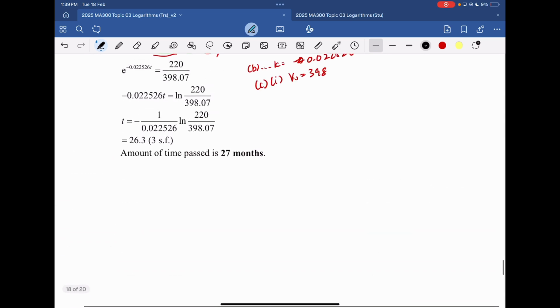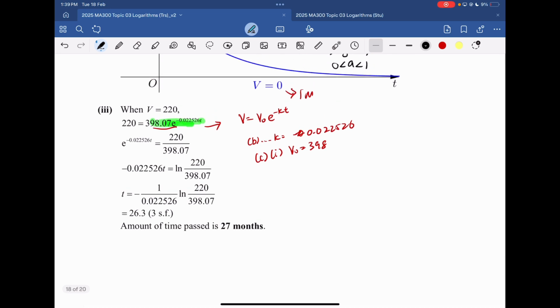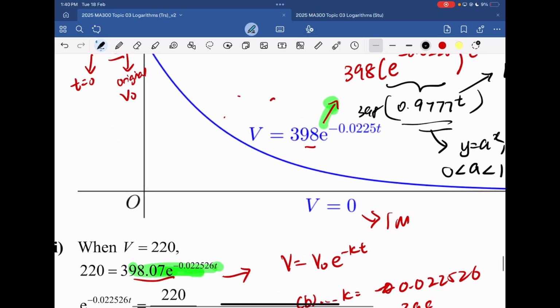Okay, good question. I'm really waiting for someone to ask me that. So now, I believe everyone can do this, right? You substitute 220, you get 26.3. Because the graph is dropping, listen.